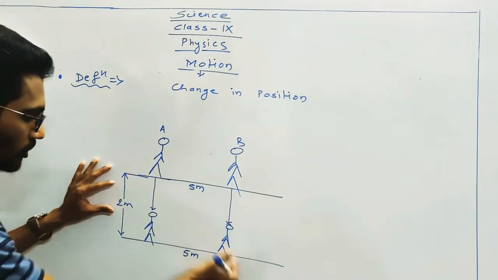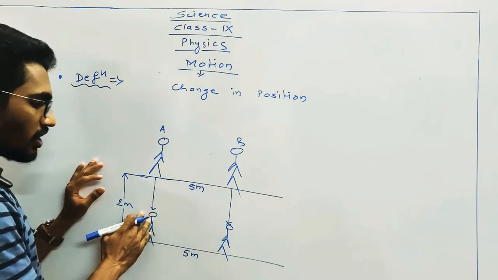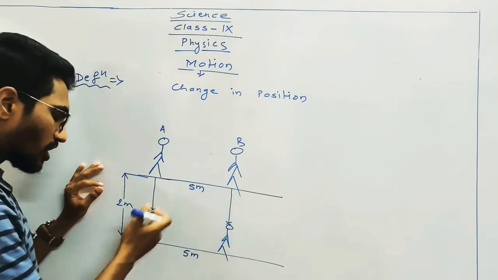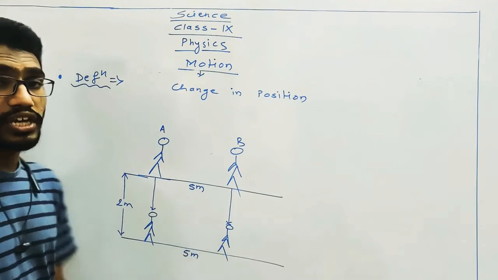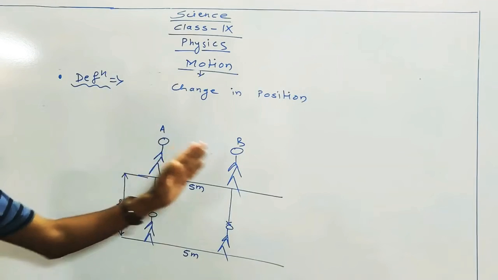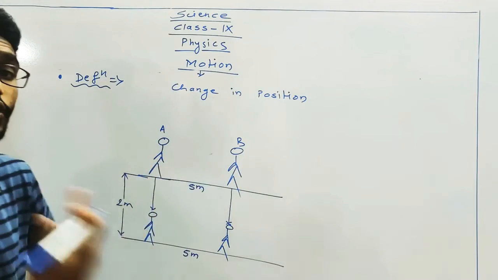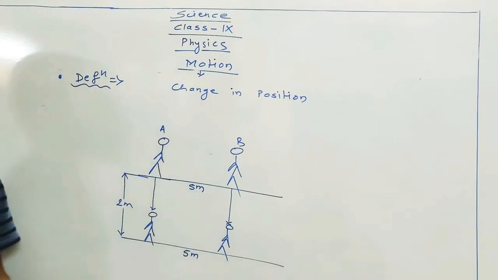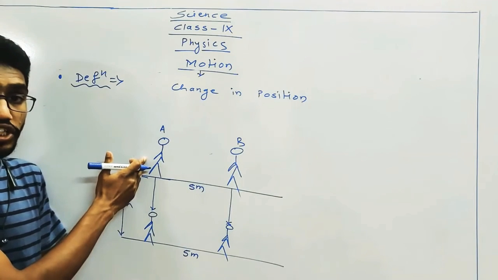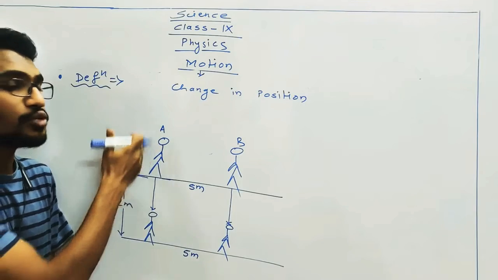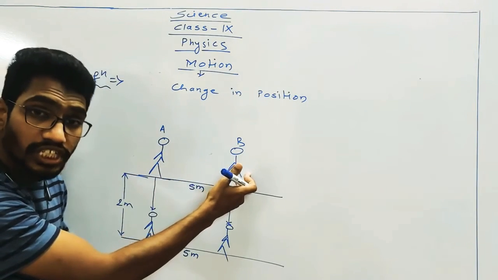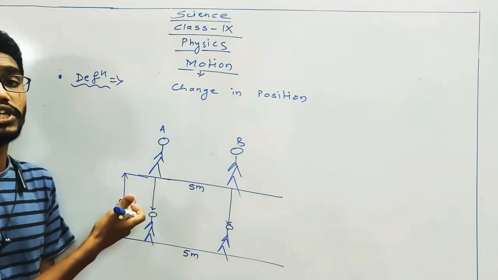So at the final position, again person A is 5 meters away from person B, and person B is again 5 meters away from person A. So now think about whether this object changes its position with respect to each other. Concentrate on my question. Whether person A changes its position with respect to person B. Whether person B changes its position with respect to person A.